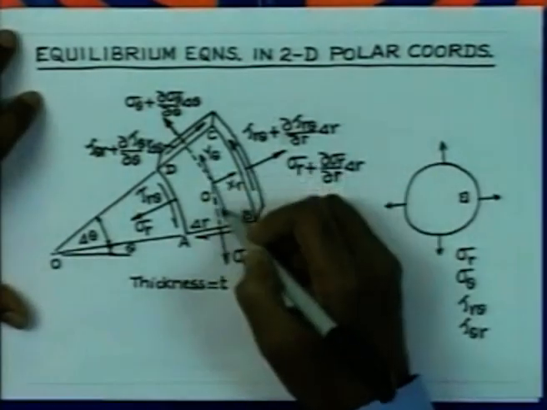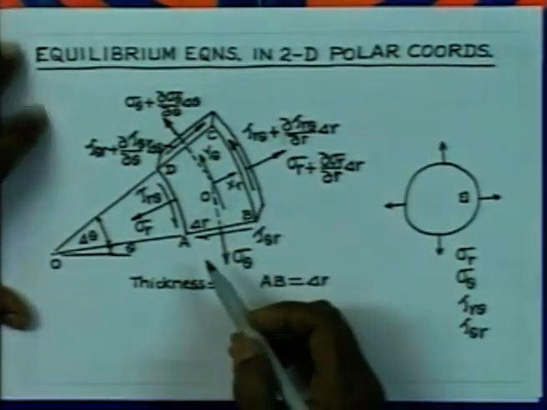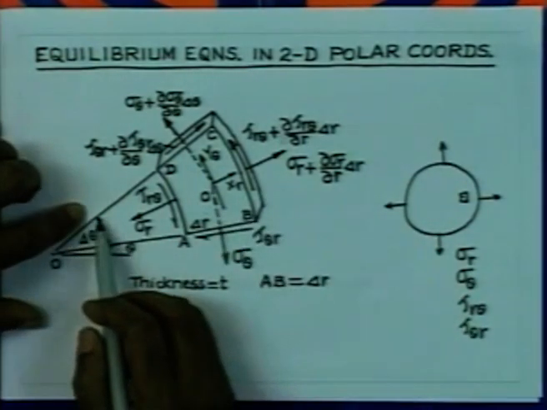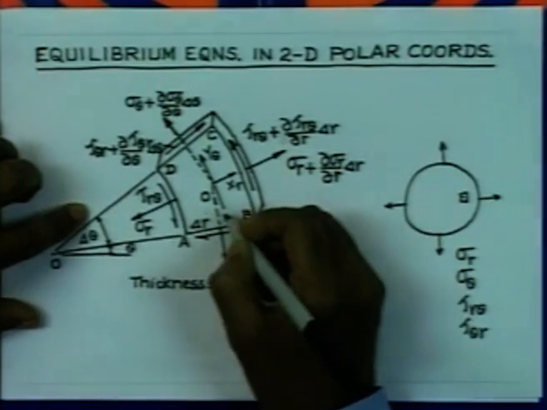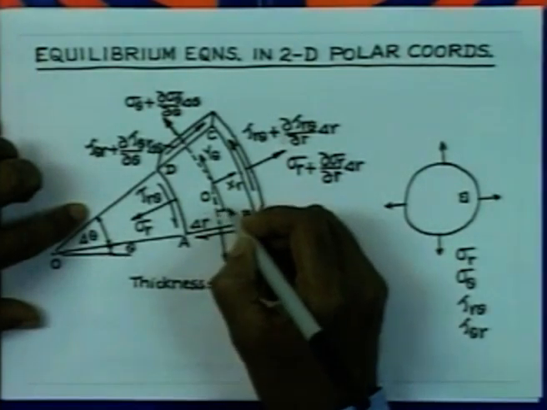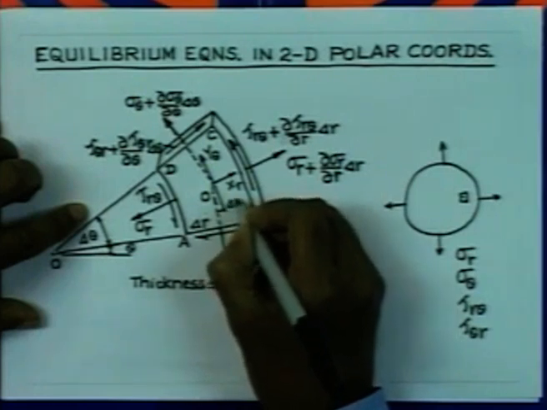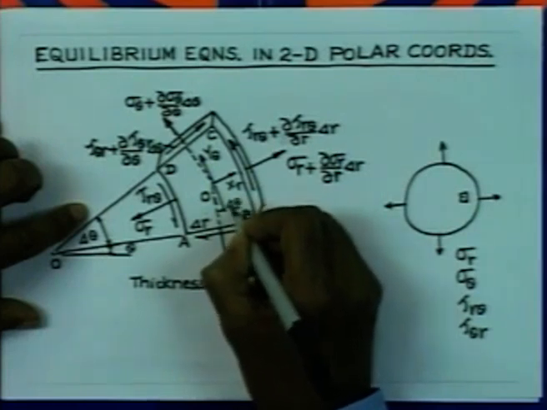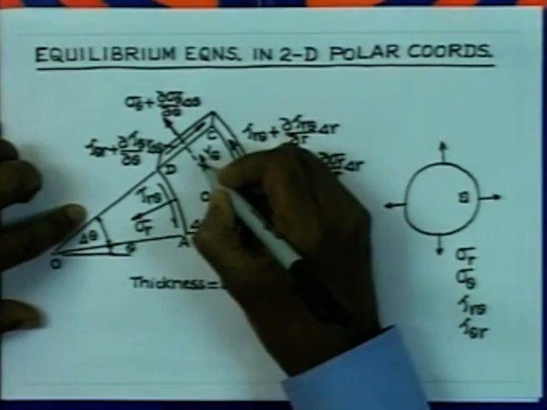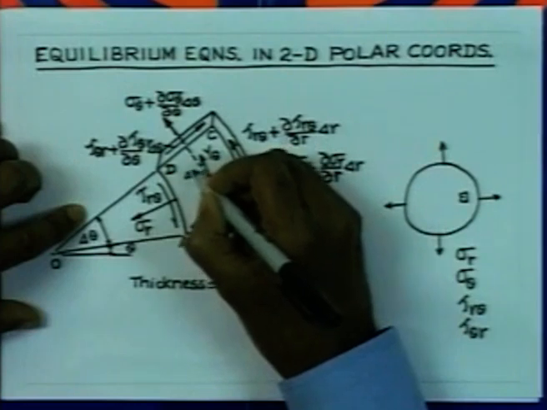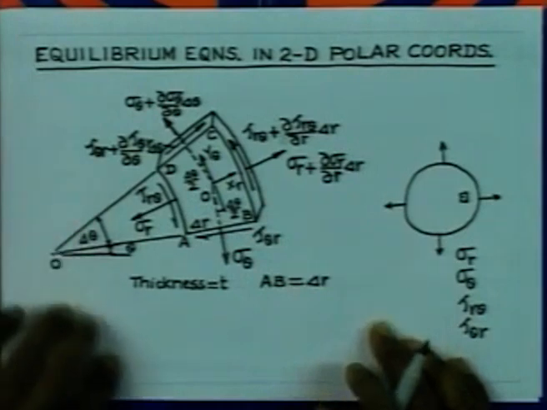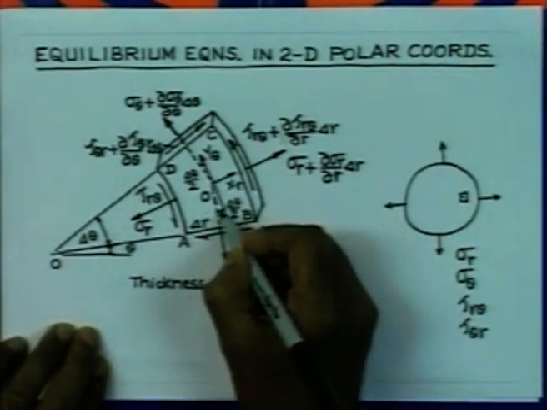If we consider this direction to be the local tangential direction and this angle AD making at the center is delta theta, then it is obvious that this angle is going to be delta theta by 2. So, also this angle is going to be delta theta by 2. So, these two angles are the same.